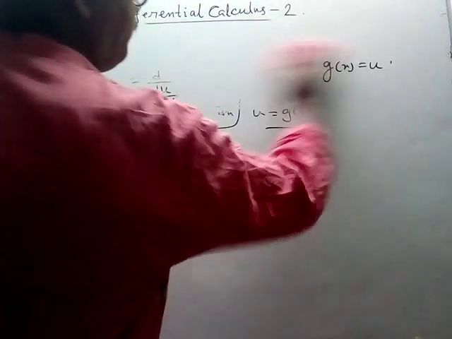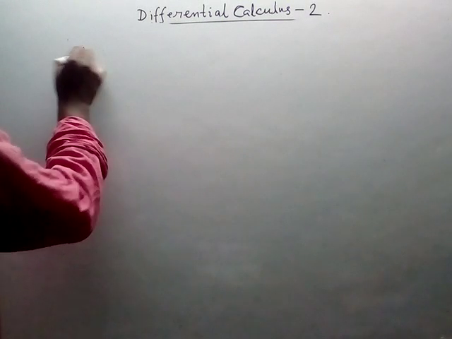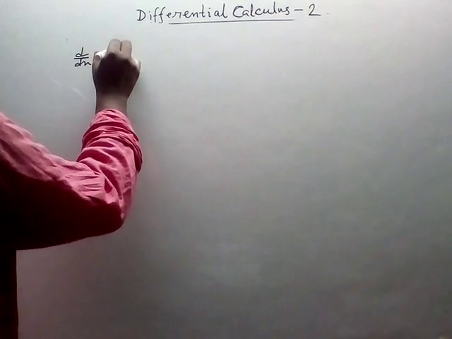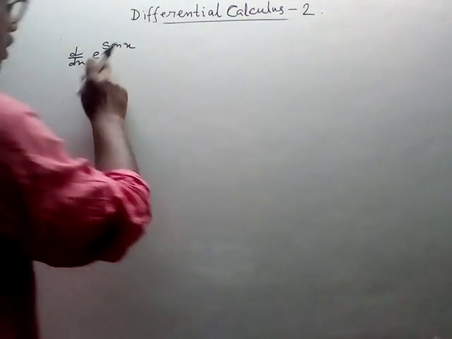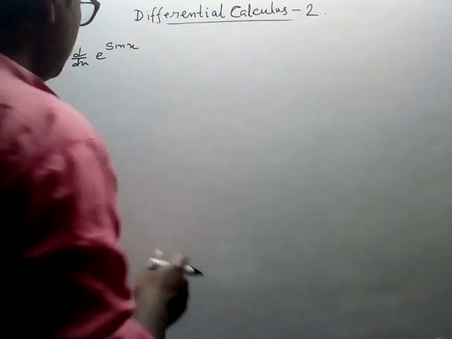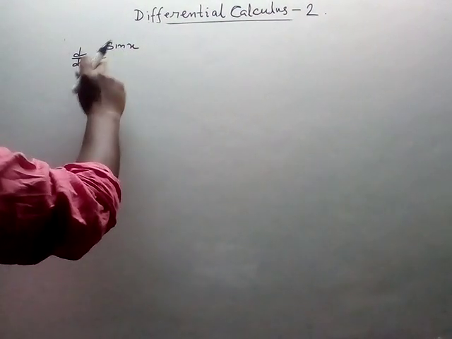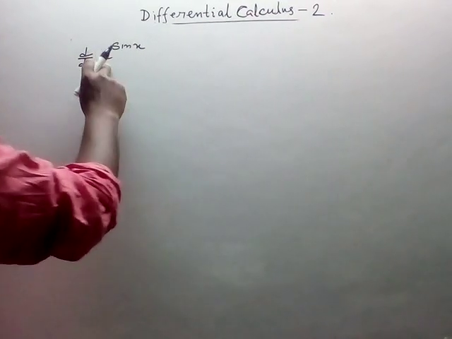Now, if we apply it, find d/dx of e power sin x. Obviously, here are two functions. One is the exponential function, another is the trigonometric sine function. That is, here is a composition of two functions.